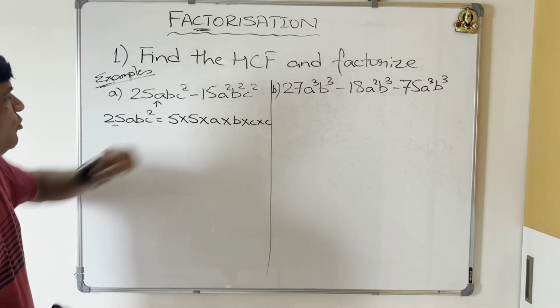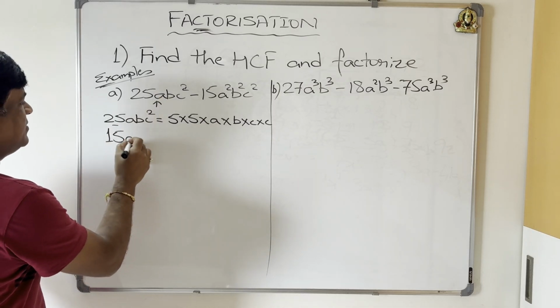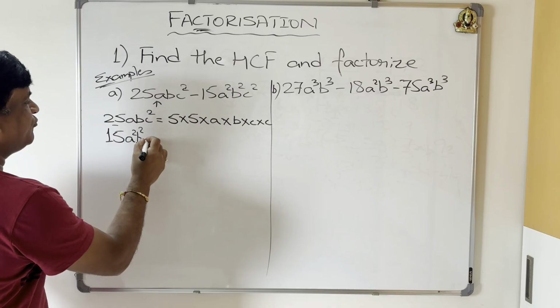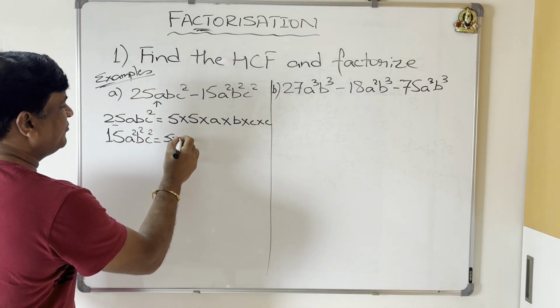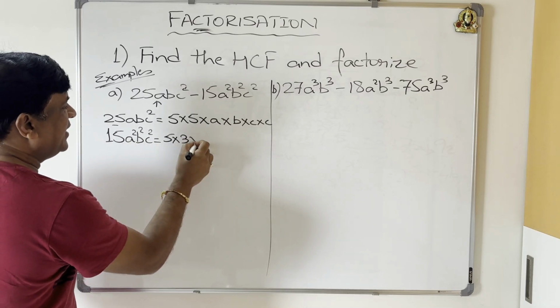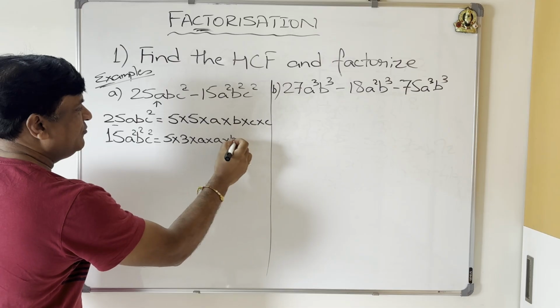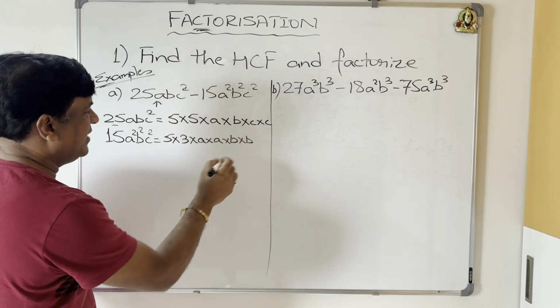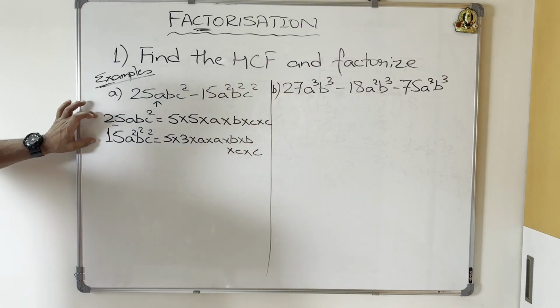Now similarly, I'm going to take the second one, 15a square b square c square. So 15 is nothing but 5 times 3. There are two a's over here, I'm going to write a 2. There are two b's over there, I'm going to write 2 b's, and similarly there are 3 c's over here. Now look at it.